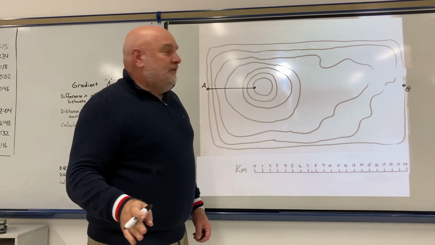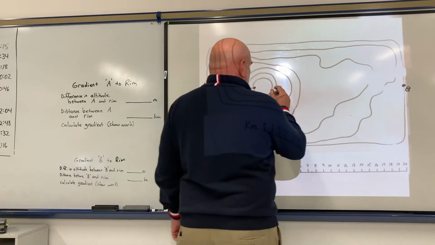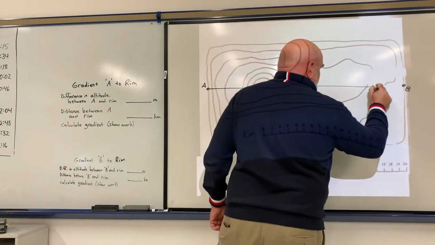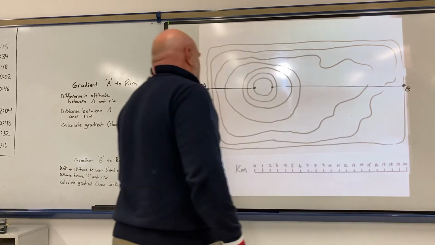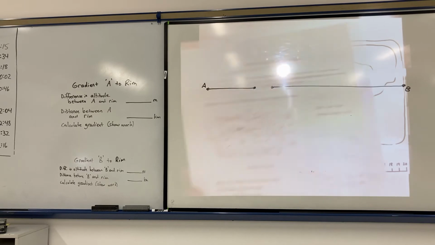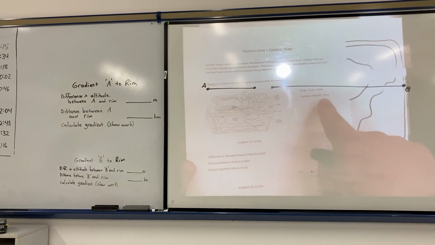And we want to calculate the gradient from B to the rim, which is that spot right there. All right. Now, on your paper, it says that the contour interval is 10 meters.